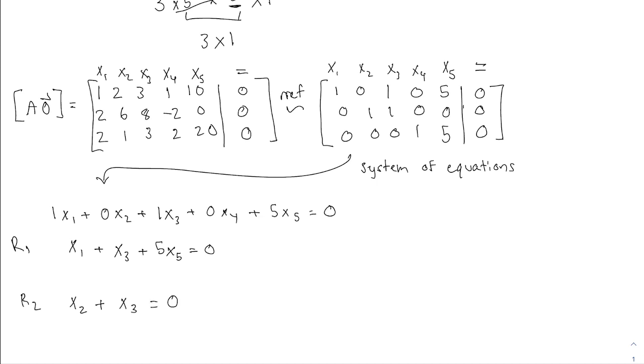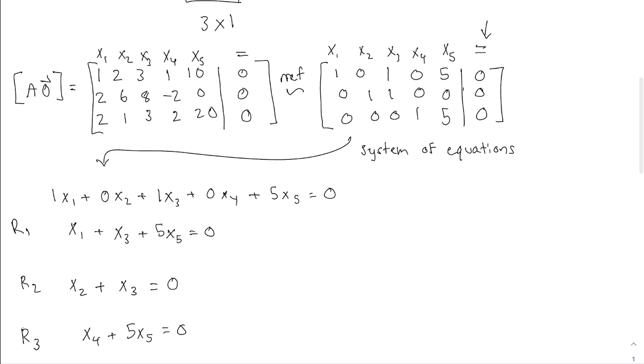Remember that this last 0 is coming from the equal sign column on the right. And for row 3, we have x4 plus 5x5 equals 0. Great. Okay. What on earth does that mean?